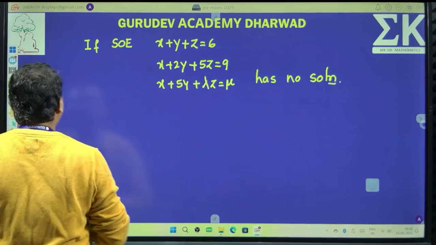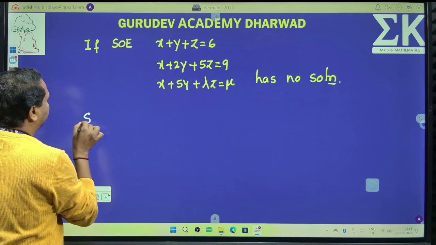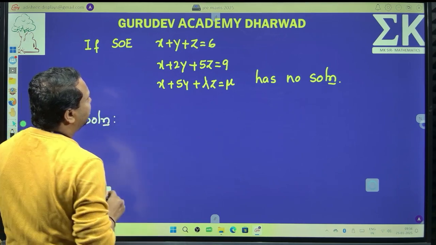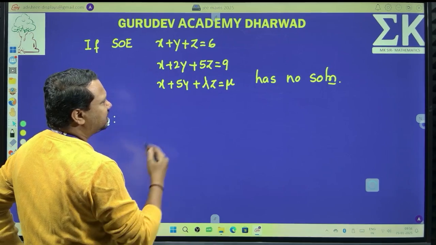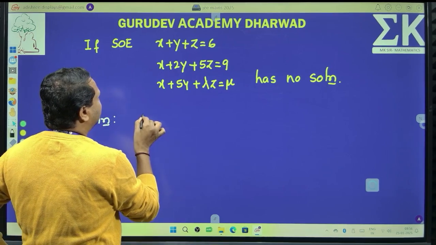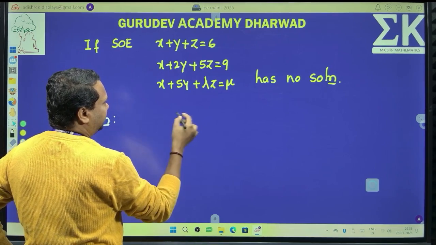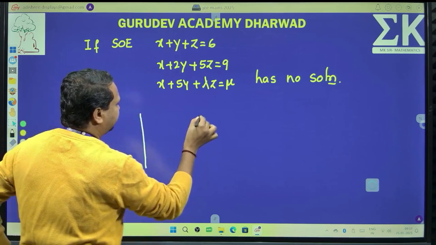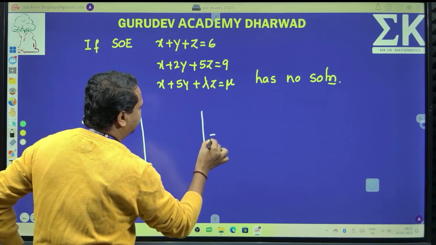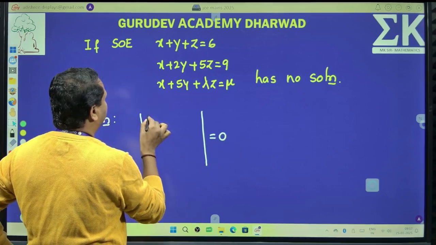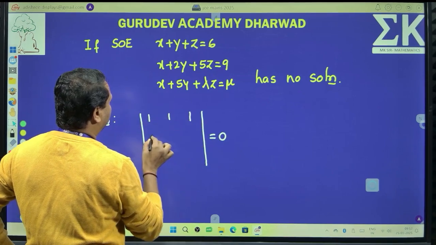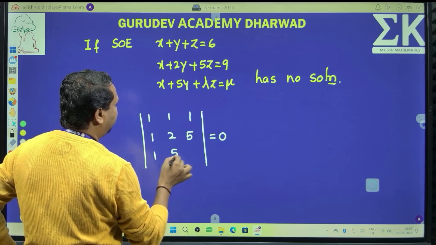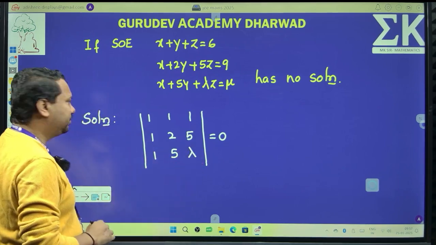So let me consider, we know that the system of equations has no solutions if the 3 cross 3 determinant is equal to 0. So what will be the 3 cross 3 determinant here? The determinant 1, 1, 1, 1, 2, 5, 1, 5, lambda must be equal to 0.